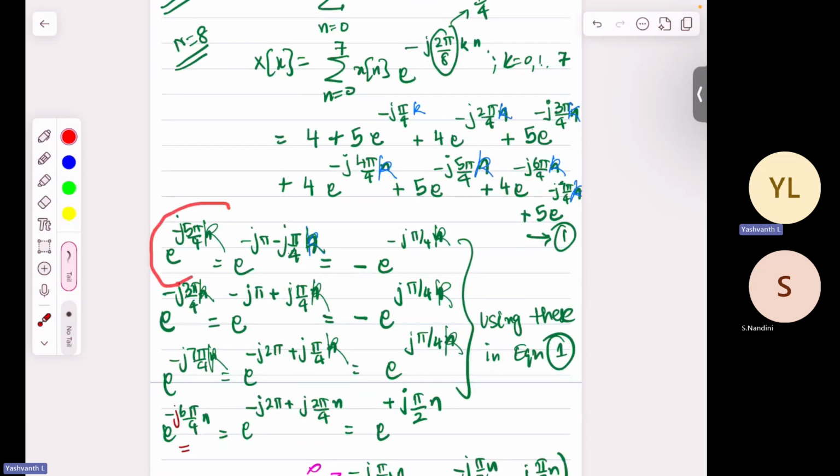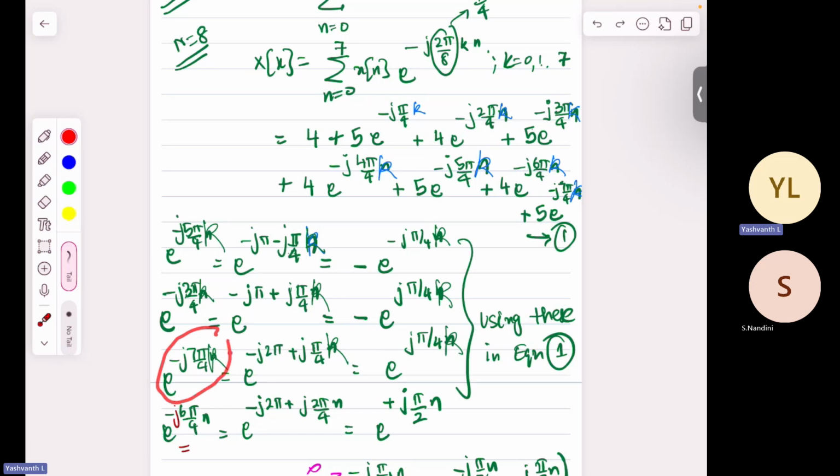Your e power minus j 5 pi by 4 k, you can write as e power minus j pi into e power minus j pi by 4 k. But e power minus j pi is minus 1. Therefore, this is the same as minus 1 into e power minus j pi by 4 k. So that's why the minus is here. Similarly, you can write e power minus j 3 pi by 4 k as e power minus j pi plus j pi by 4 k, which is nothing but minus e power j pi by 4 k.